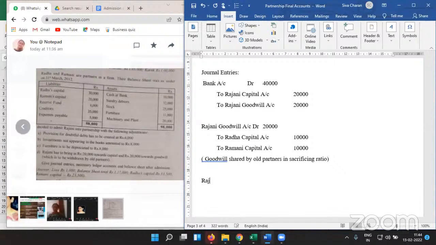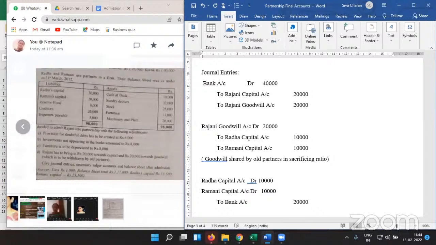Radha capital account debit 10,000, Ramani capital account debit 10,000, to bank account 20,000.